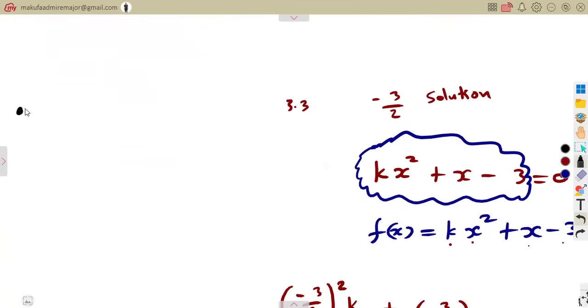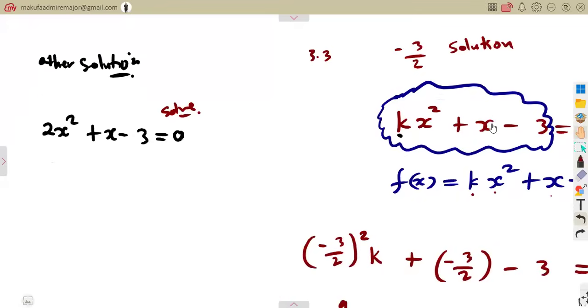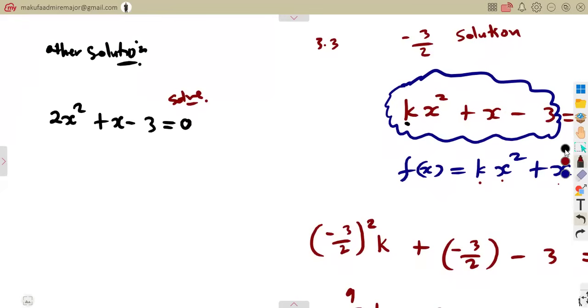So to determine the other solution, you can just substitute the k that you're given, then solve. Because you have k now as 2. So our equation is going to be 2x squared plus x minus 3 is equal to 0. Then solve. It's a quadratic equation that you're given. So you can use the quadratic formula, whatever that you want. But on doing that, you're going to see one of the solutions is going to be minus 3 over 2.